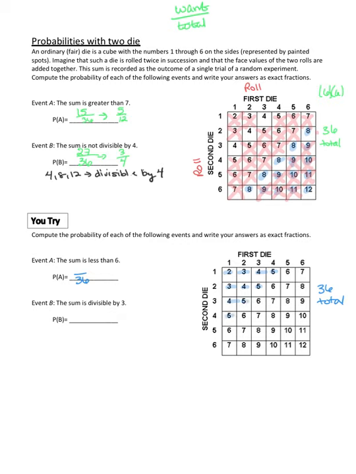That's it. I have 1, 2, 3, 4, 5, 6, 7, 8, 9, 10. 10 out of 36, which gives me 5 out of 18. There's a 5 out of 18 probability that if I roll 2 dice, I will get a sum that is less than 6. Okay, let's do another one.